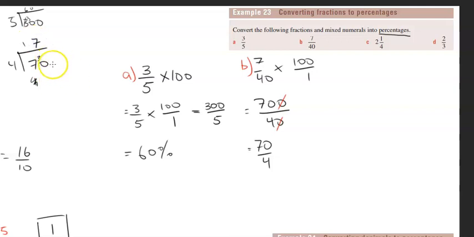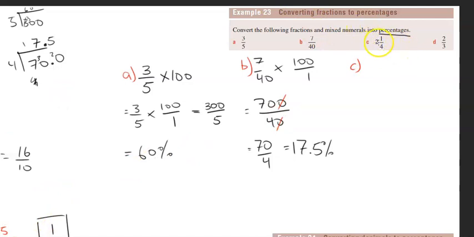Because we have nothing else to bring down, let's put a 0 here. 4 into 20 is 5 with no remainder. So remember, this is a division skill that we worked on before in our previous exercises. So 70 over 4 is the same as 17.5%.